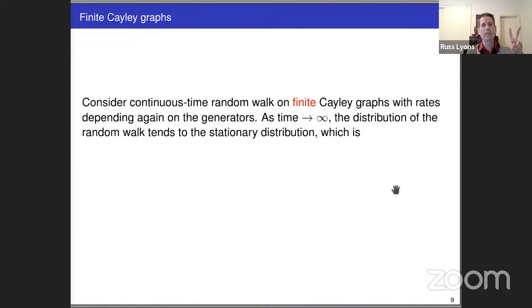One of them is the speed on these infinite graphs, infinite Cayley graphs. Another one is about finite Cayley graphs. Of course, there's no question about speed there, but there's something else to ask. We're going to consider the same type of continuous time random walk. Now, as time tends to infinity, the distribution tends to the stationary distribution. And what is the stationary distribution?